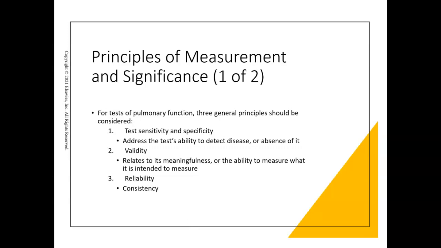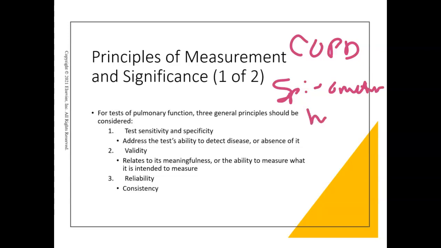So if my patient has COPD, their spirometry test is going to be highly sensitive, meaning that if they have COPD, it's going to show an abnormal result, which is true of PFTs and COPD.